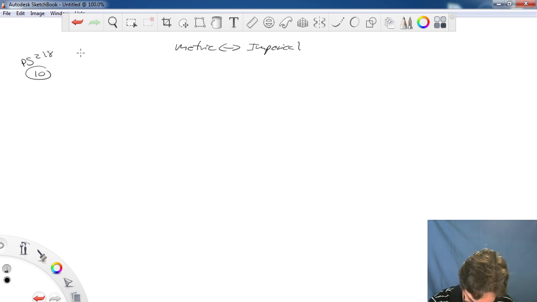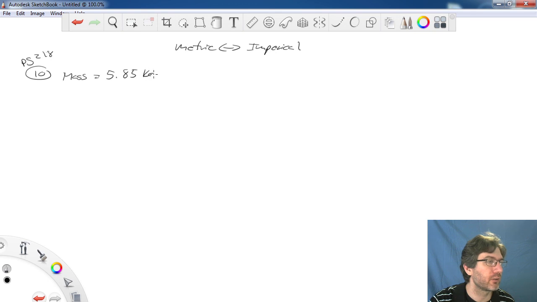218. Number 10 says a dictionary has the mass of, so again, mass equals 5.85 kilograms. A math book has the mass. This is for the dictionary.